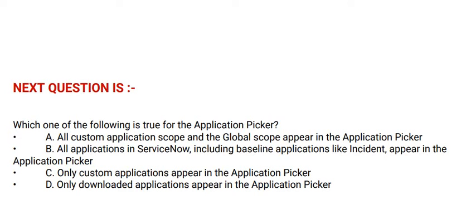Option B. All applications in ServiceNow, including baseline applications like incident, appear in the application picker. Option C. Only custom applications appear in the application picker. And option D. Only downloaded applications appear in the application picker. And the correct answer is option A.